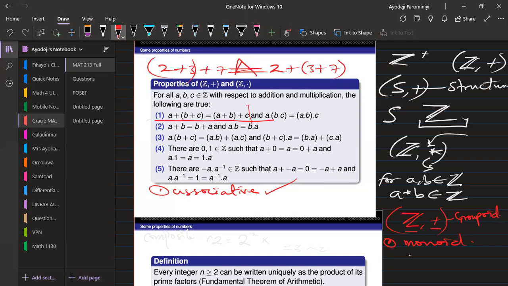Let me confirm if it is actually a monoid or a semigroup. Just give me a minute. Oh, sorry. So associativity goes with semigroup.